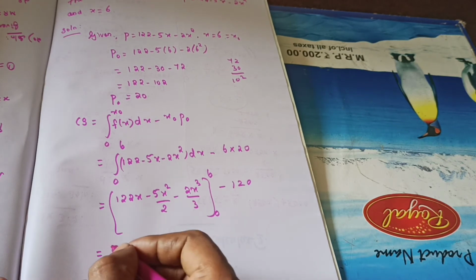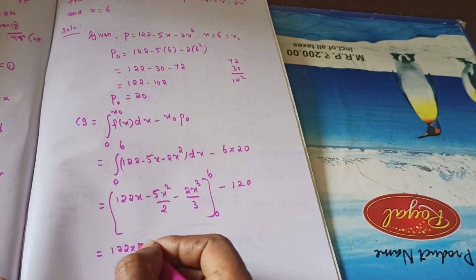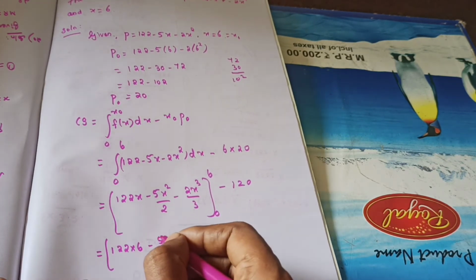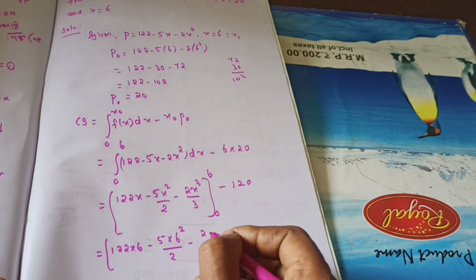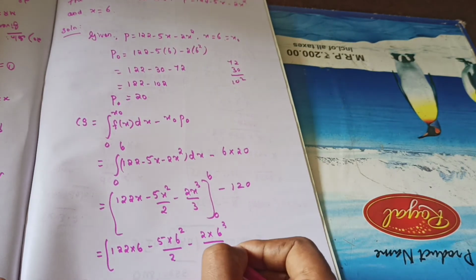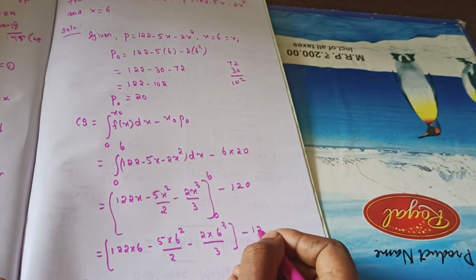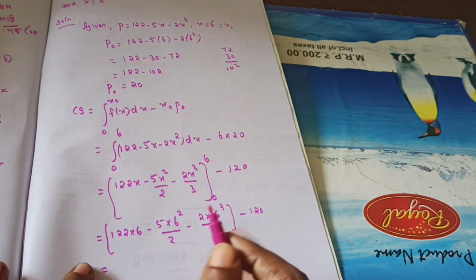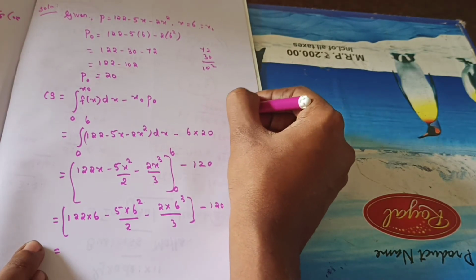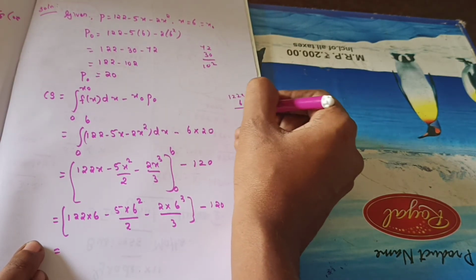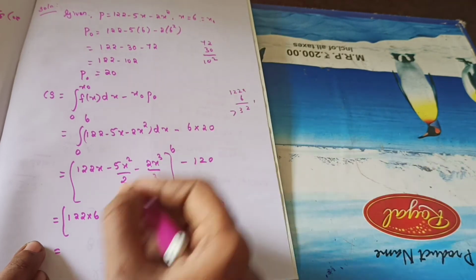That's equal to, apply the limit, 122 into 6 minus 5 into 6 square divided by 2 minus 2 into 6 cube divided by 3 minus 0, that is 120. We need to multiply everything. 122 into 6 is 732.